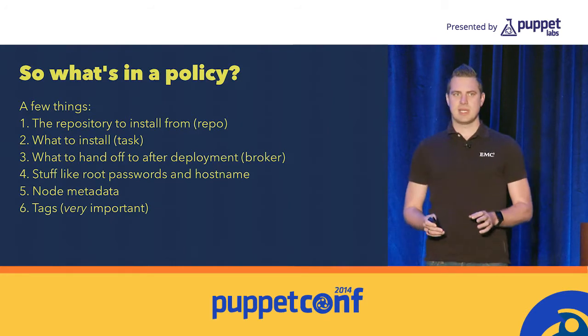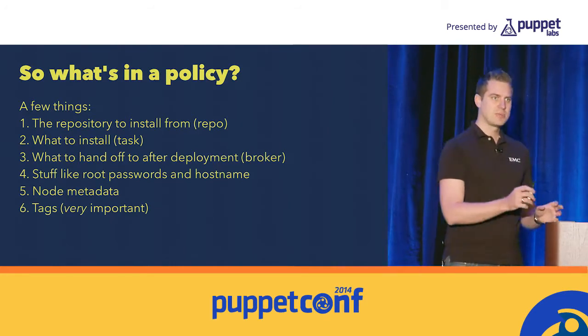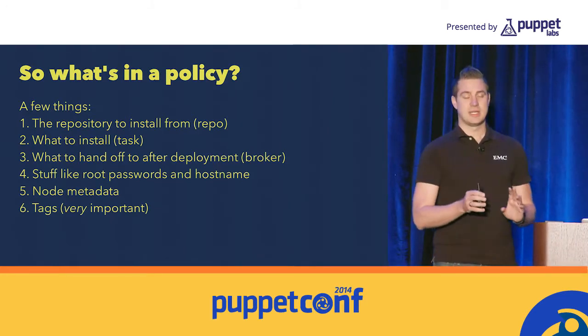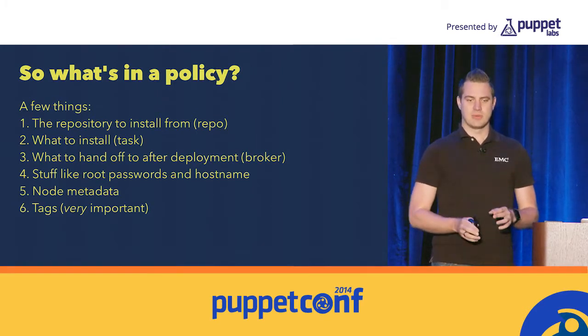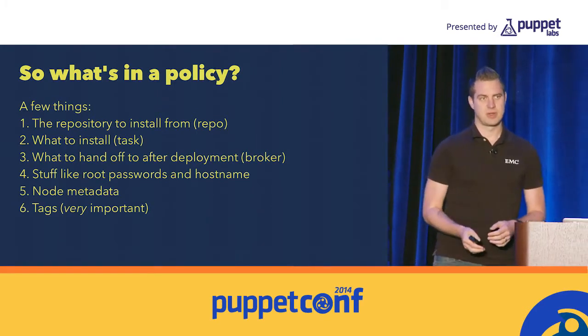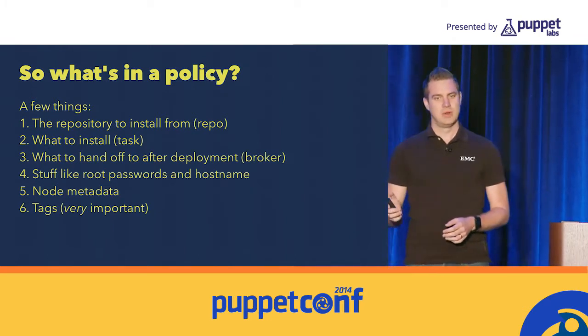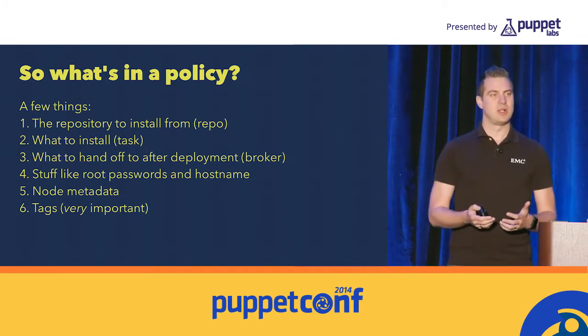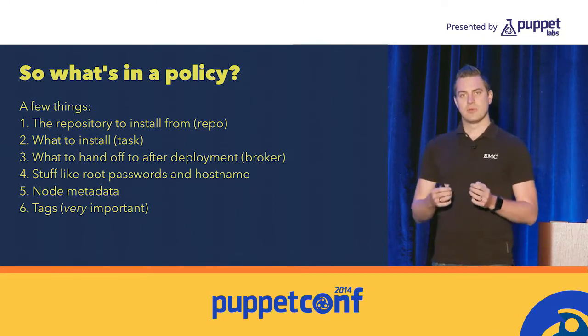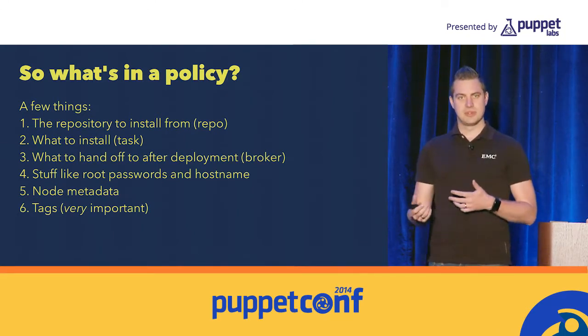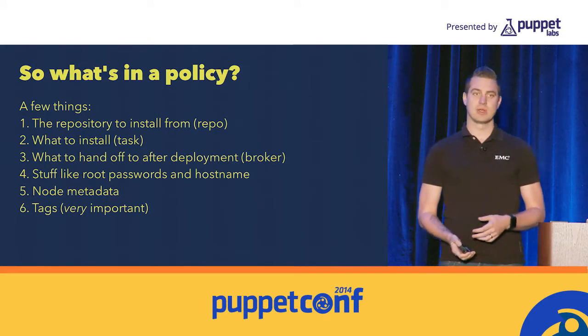So what's in a Razor policy? We'll look at policies when I'm doing a demo in just a bit. But a few things are in a policy. We have a repository to install from, which is called a repo. We have what to install, and that's called a task. And then we look at what to hand off to after the operating system deployment. We call that a broker.